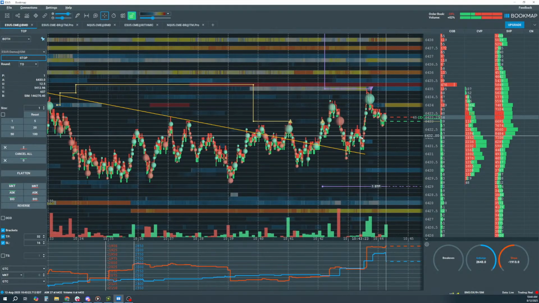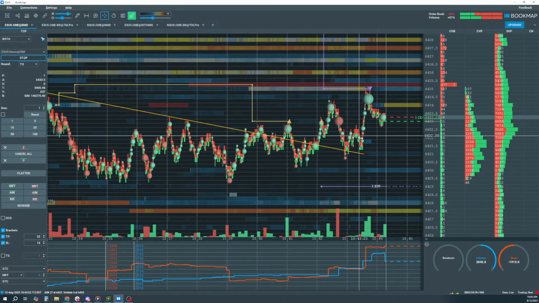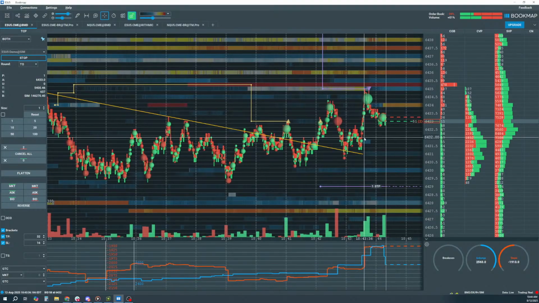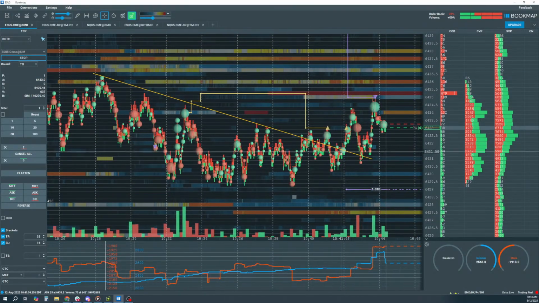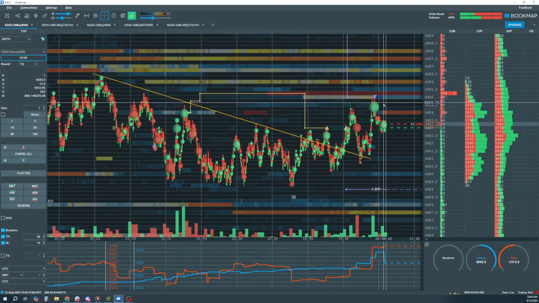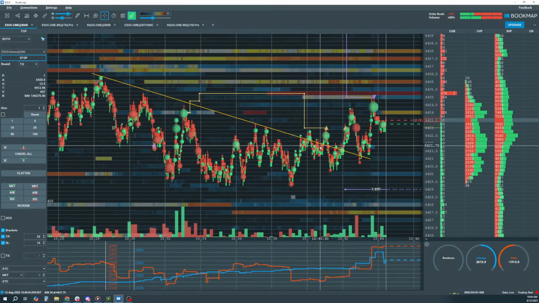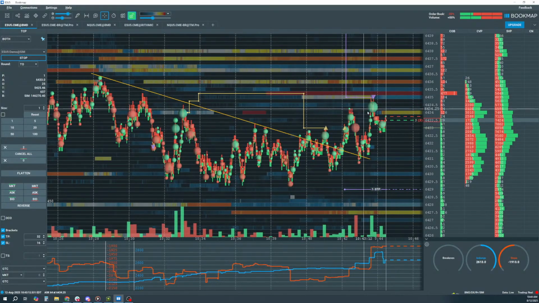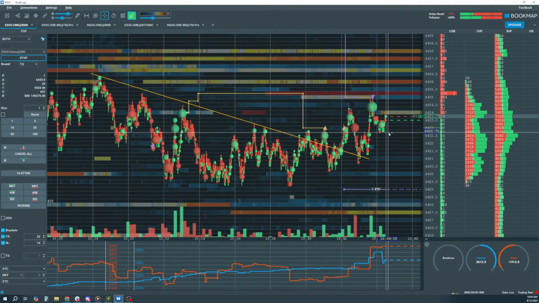All right, and let's see if we can get this push, a continuation here at this point. Volume still looks good. Aggressive buy volume still looks good.